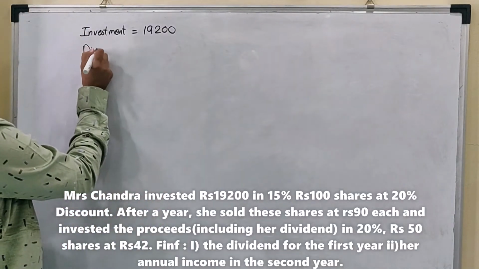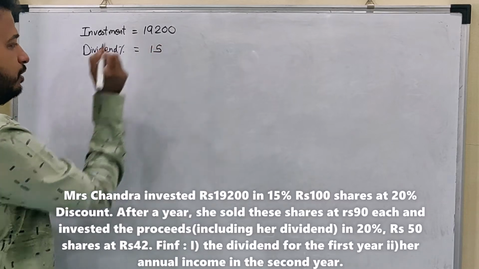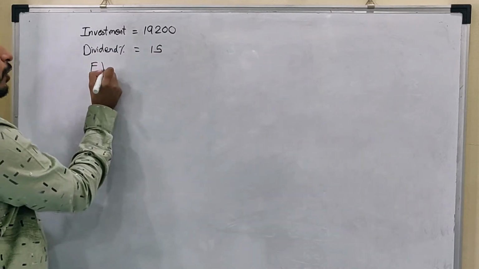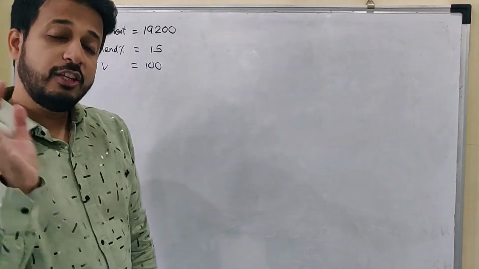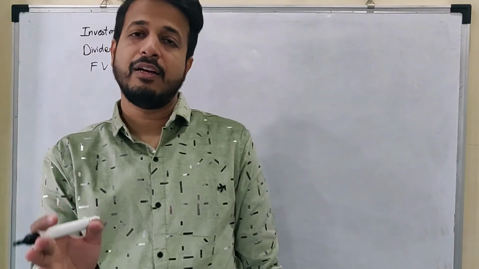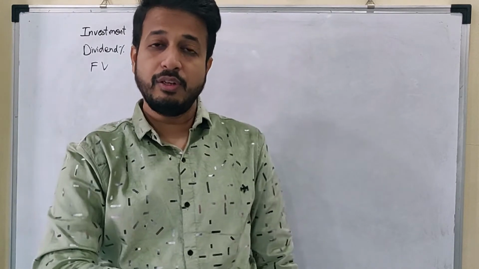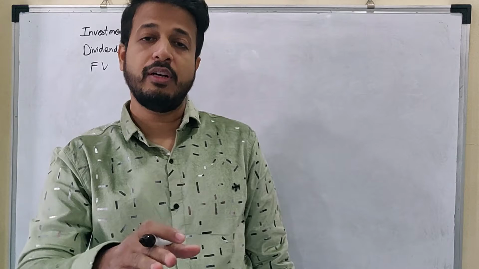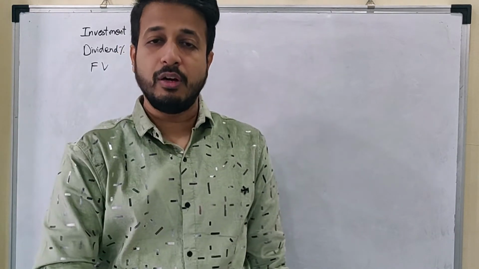So the dividend percent is 15%, right? The face value of the share is given as 100 rupees, and the shares are being bought at a discount of 20%. So she is investing 19,200 in 15% rupees 100 shares at 20% discount.